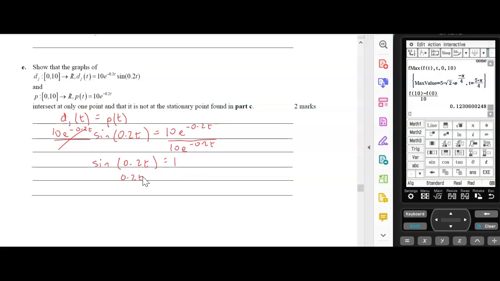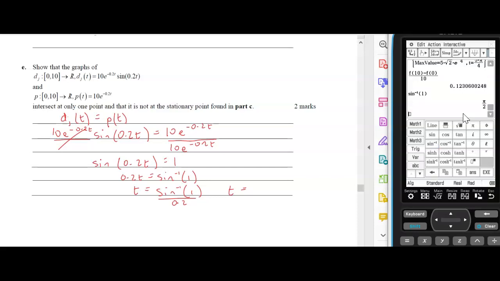So 0.2t equals inverse sine of 1. So t is equal to, now we're only going from 0 to 10. So on my calculator, I'm going to do that. So inverse sine 1. Is that? Oh, pi.